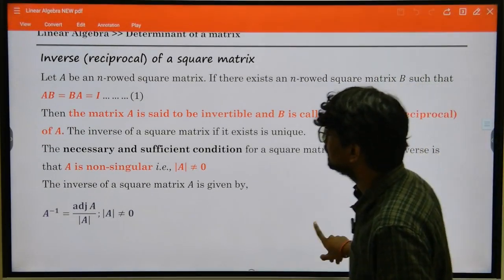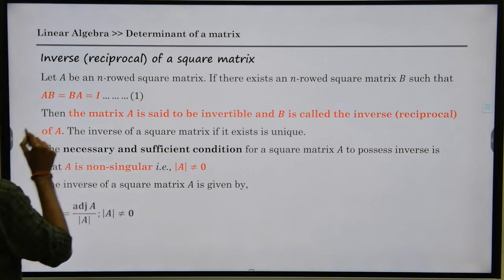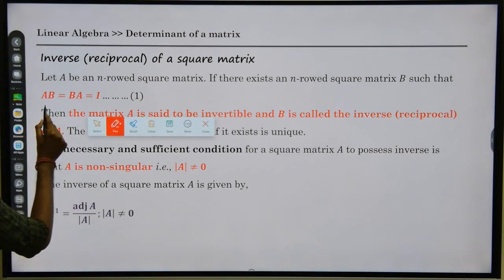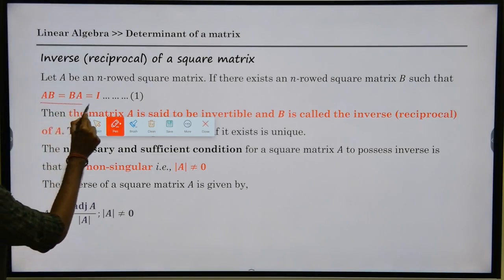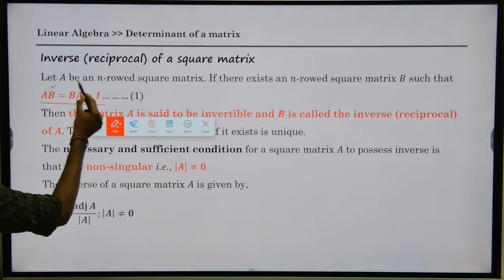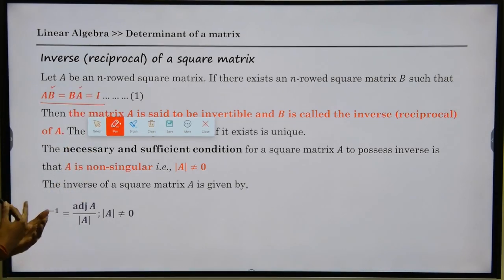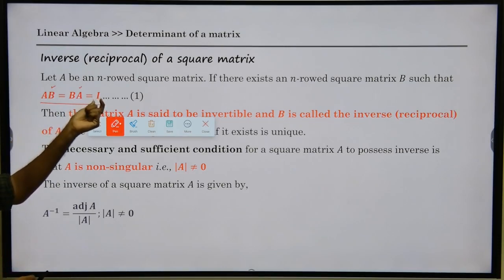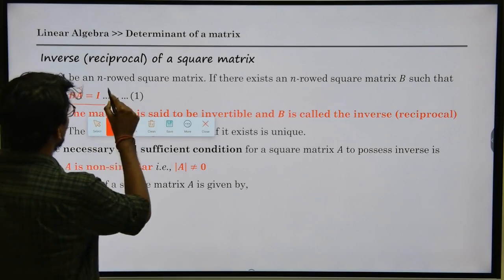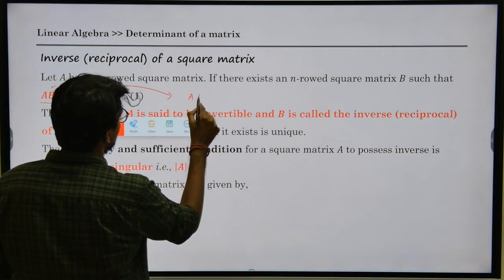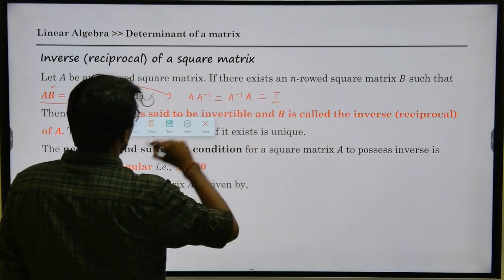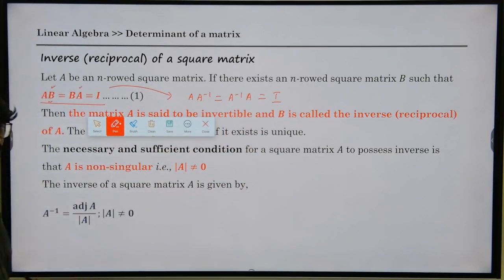See, we already know this definition, right? A into B is equal to B into A equal to I, where B is the inverse of A and A is the inverse of B. If I find the product of two matrices and it becomes I, then B is the inverse of A. So that equation I can more appropriately write as A into A inverse equals A inverse into A, which is equal to I, where this B is nothing but A inverse.